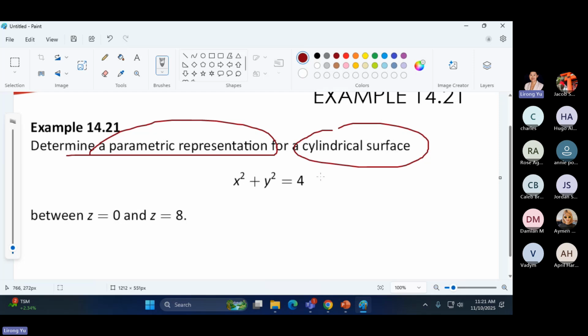Okay, so we have already known how to represent a surface. Starting from chapter 10, we realized a three-variable equation, a single equation like this, already represents a surface. So x squared plus y squared equals 4 represents a cylinder. The cylinder is parallel to the axis whose variable is missing from the equation.